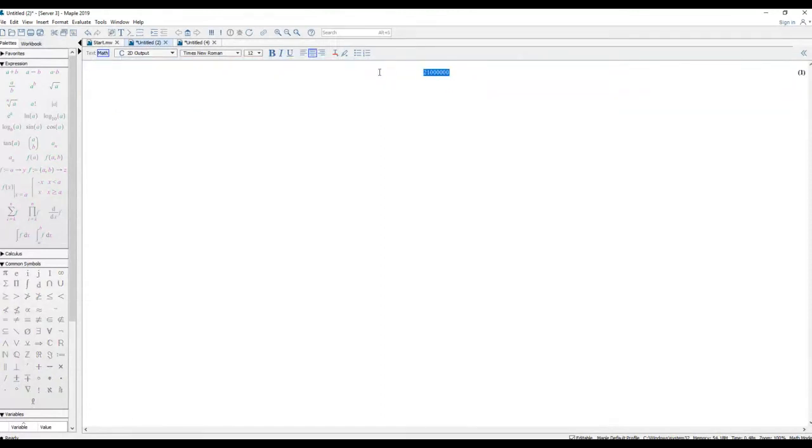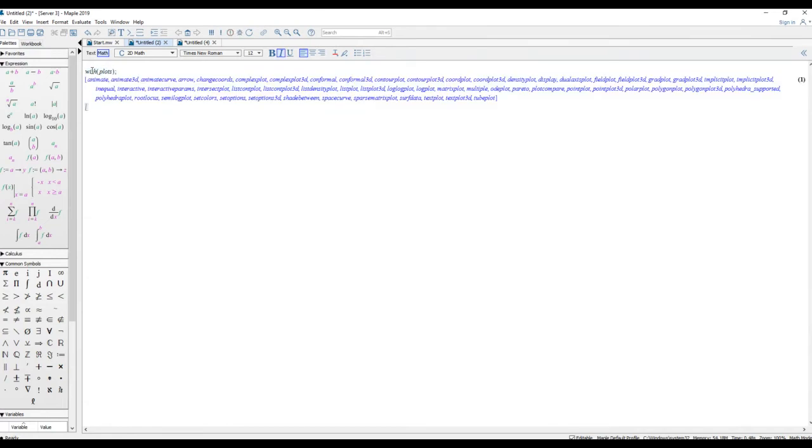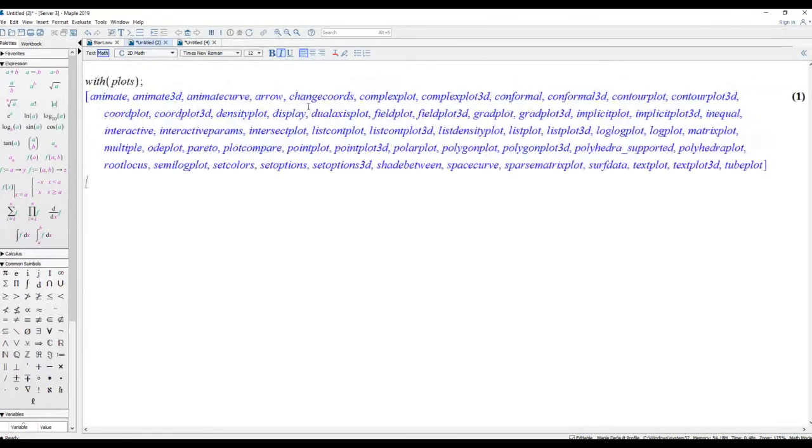So let me show you another really cool thing that you can do with plots. Okay, I'm going to show you the plot3d command.